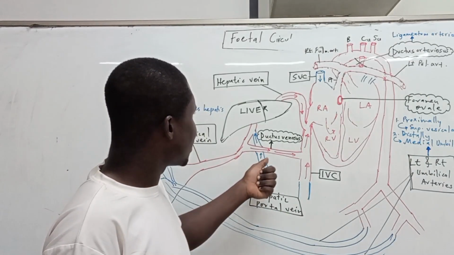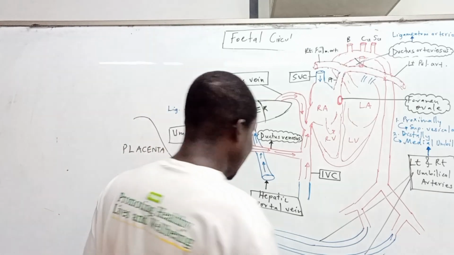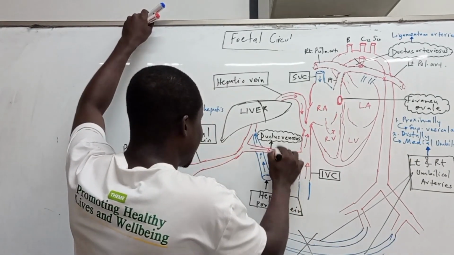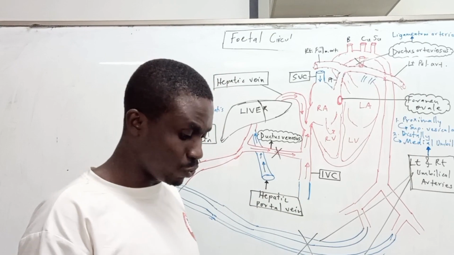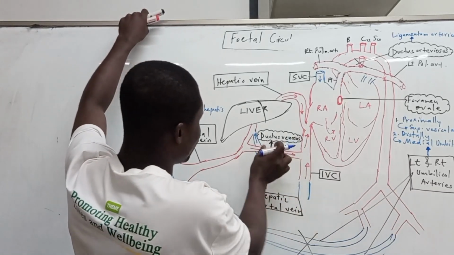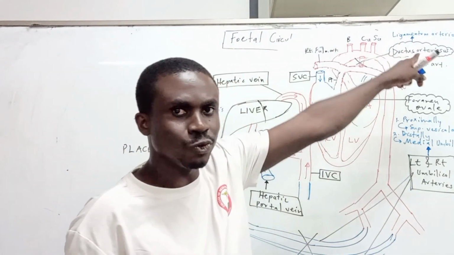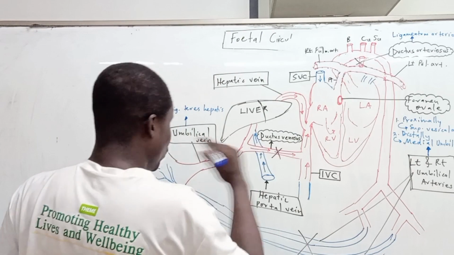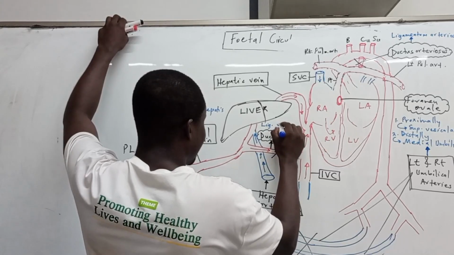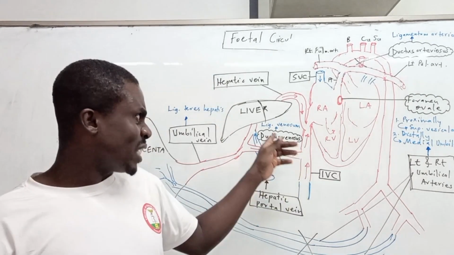But this shunt, the ductus venosus, will also go away postnatally, just like the umbilical arteries, and it will become a ligament. Just as ductus arteriosus becomes ligamentum arteriosum, the ductus venosus will become ligamentum venosum.